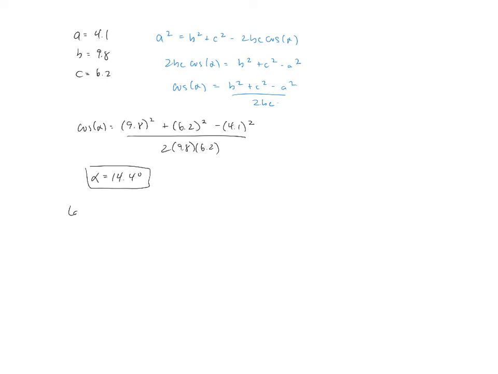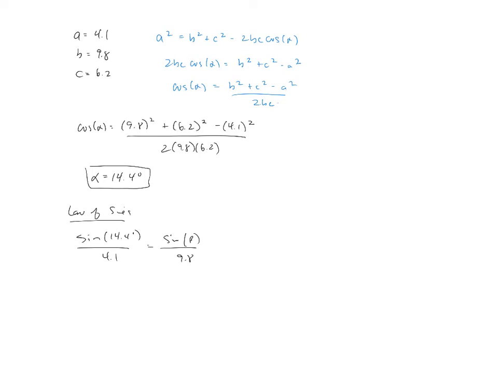So by the law of sines, I'll take sine of alpha, which is 14.4, over a equals sine of, let's say, beta over b, which is 9.8.